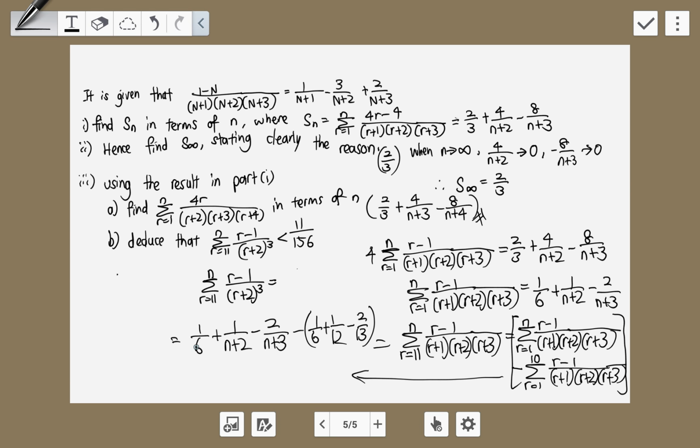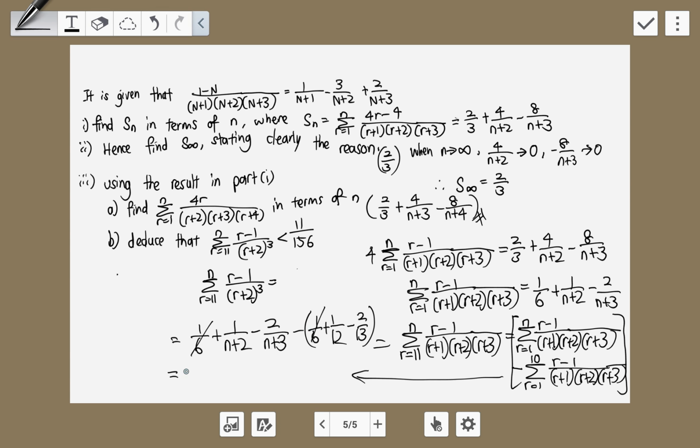Okay, so 1 over 6 minus 1 over 6 will just cancel away. So 1 over 12 minus 2 over 13, multiply by minus. So change the fraction and put a negative sign in front.